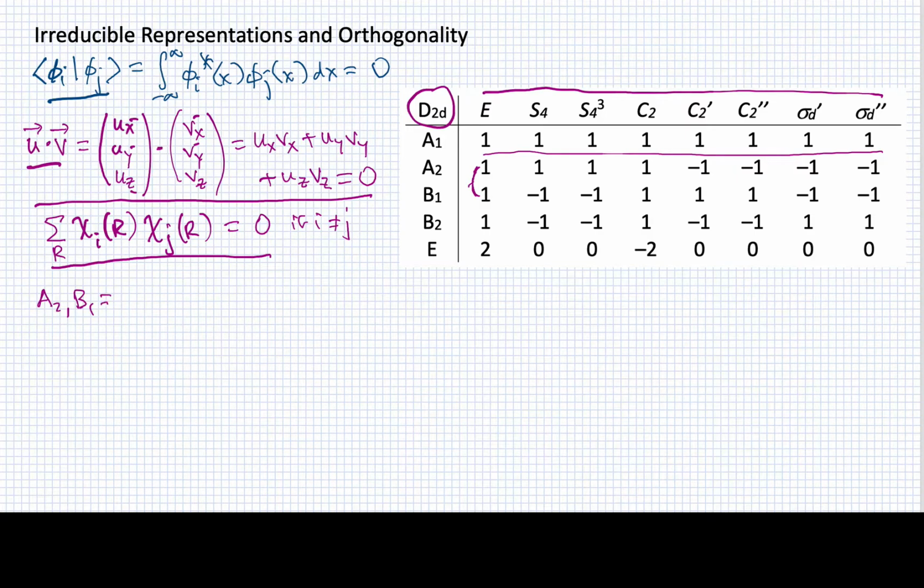So in this case, I'm summing over all of the different symmetry operations, and the characters I'm going to take for A2 and B1. For example, this one would be 1 times 1, so that would give me 1. This one would be 1 times minus 1, minus 1. 1 times minus 1, minus 1. 1 times 1 is plus 1. And then I can keep going down. Minus 1, minus 1, plus 1, plus 1.